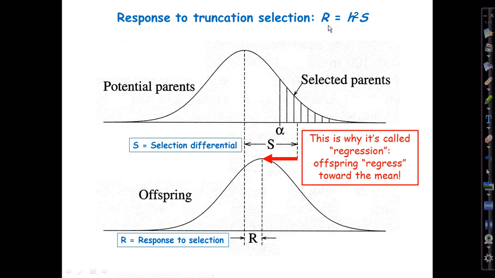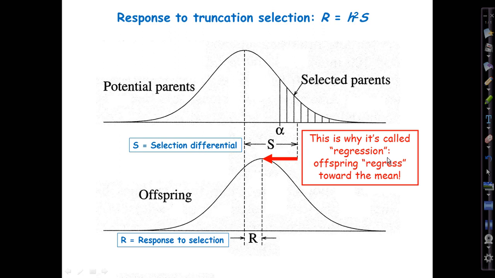The response, it turns out, is expected to be the selection differential times the heritability, which is generally a number less than 1, meaning that we don't move the offspring population quite as far as we selected on the parents.